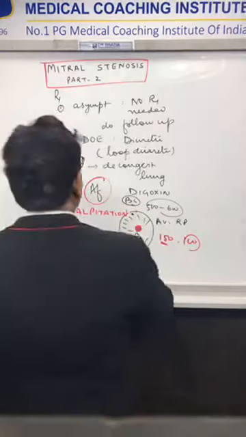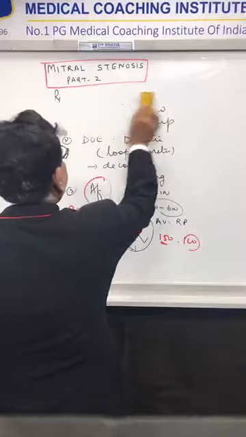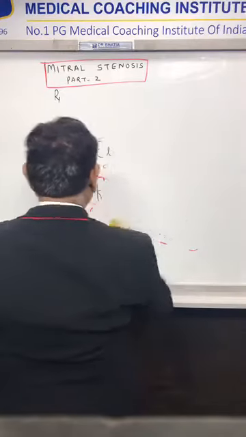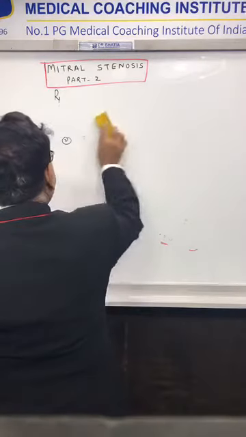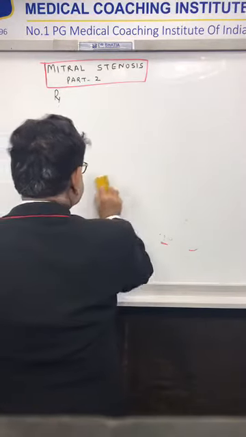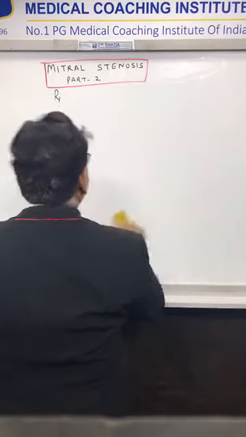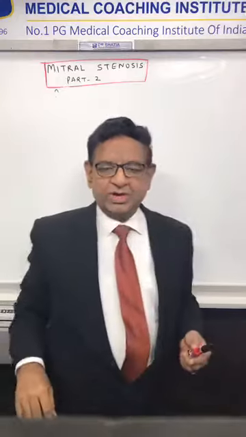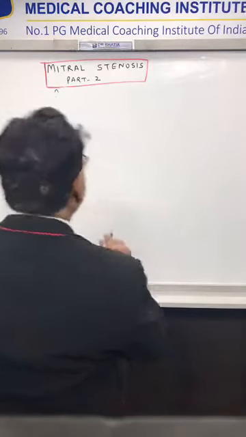atrial fibrillation. Well, you start treating the patient, and of course, one big problem with AF is thrombus formation, which I discussed yesterday also. So if a clot develops, then you may add warfarin.